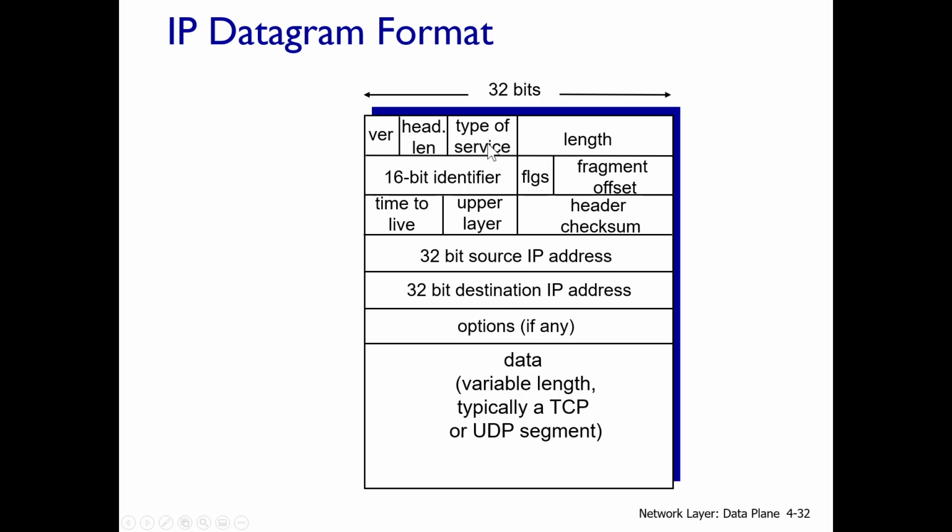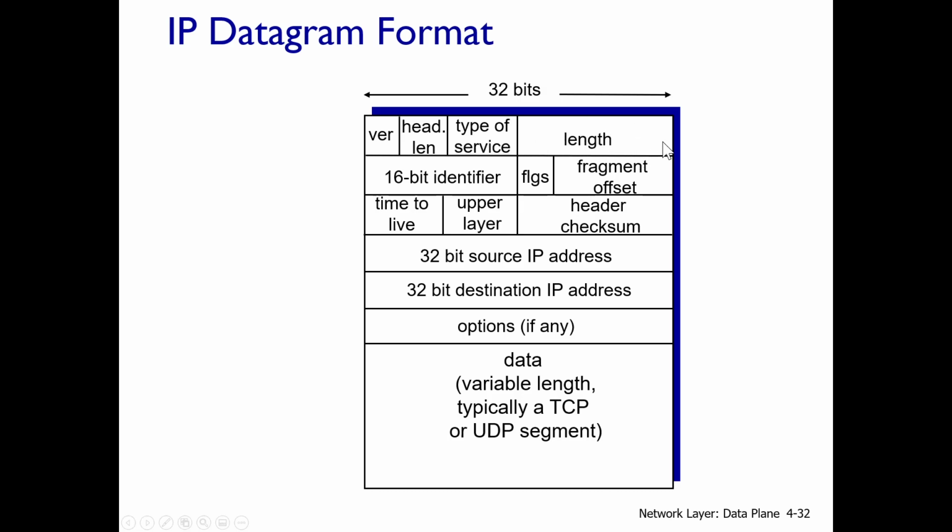We have type of service. Basically, this shows if the packet is a real-time datagram, like voice over IP, or a non-real-time datagram like FTP, file transfer, something like that. So this field is actually important as well.